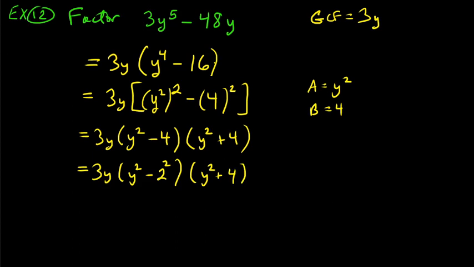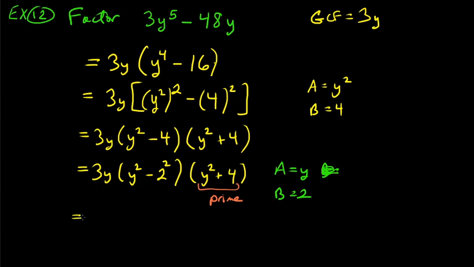Because y squared plus 4 is prime. Nothing we can do with that. However, the y squared minus 4 is not prime. We can factor that as the difference of two squares again. Here a is y, and b is 2.